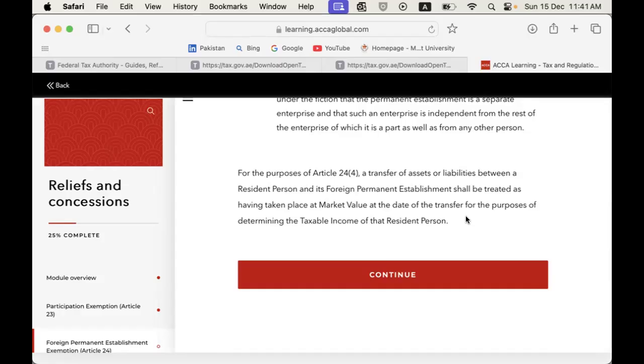So in this case, we are only discussing the exemption, income earned between, let's say, the UAE company and its foreign PE, basically. Yes, correct. What you just highlighted was a valuable point, and I want other participants to understand what Abbas has just highlighted.